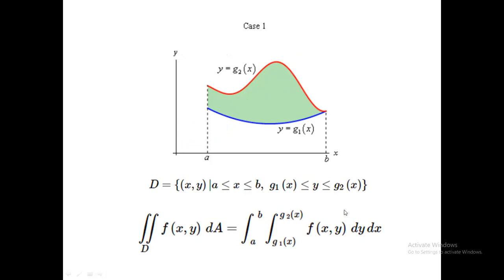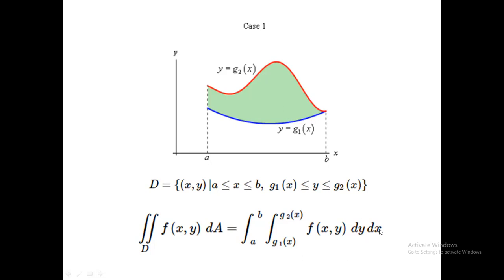You have the function, whatever the function is, representing these two curves that represent the boundaries of the green region. So that would be the function equation here. You have dy dx. So two differentials.